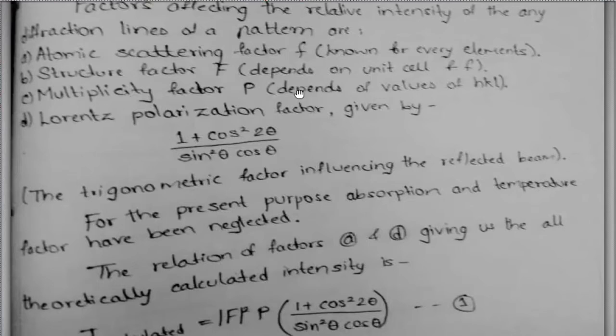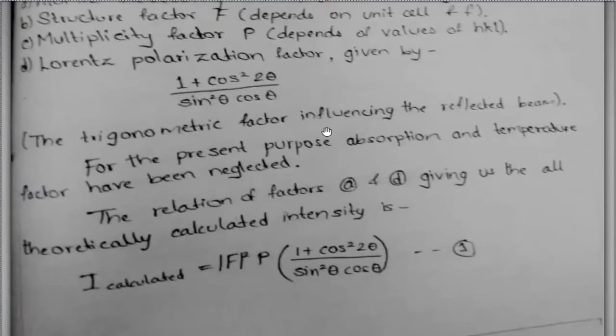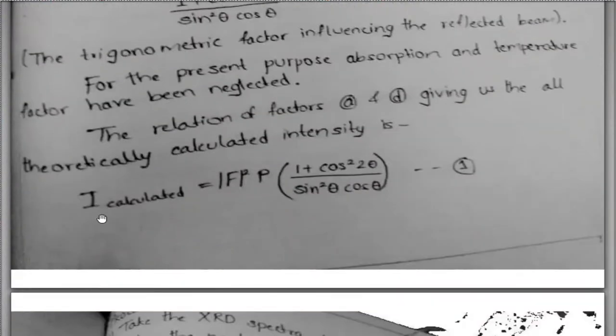Structure factor capital F depends on the unit cell and the atomic scattering factor. Multiplicity factor P is there. And the Lorentz polarization factor is given by 1 plus cos square 2 theta over sin square theta cos theta. Okay. So all these club together to get I calculated.